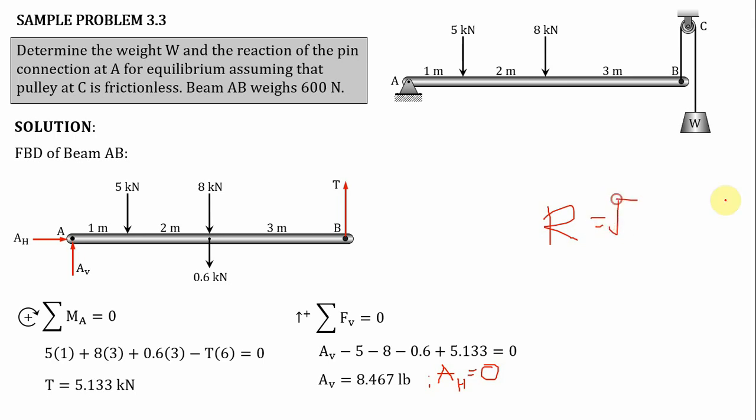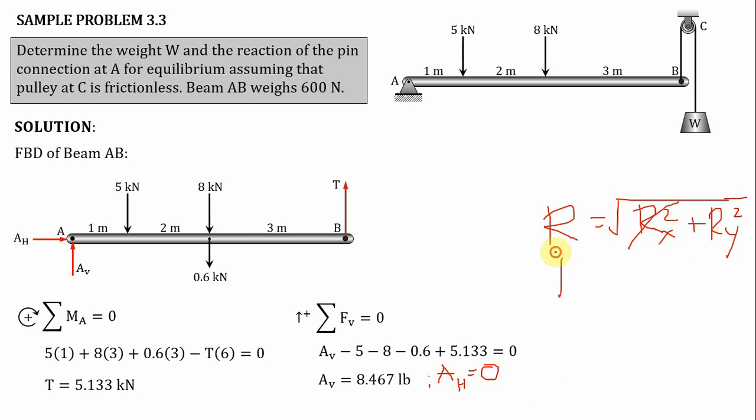Ito, di ba ito yung reaction niya? R is equal to the square root of Rx squared plus Ry squared. Okay, gets siya ko, class? Since yung AH natin is 0, meaning yung Rx natin is 0 also. Okay, so therefore, cancel yan, class.